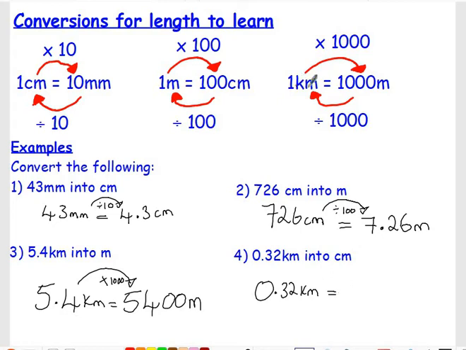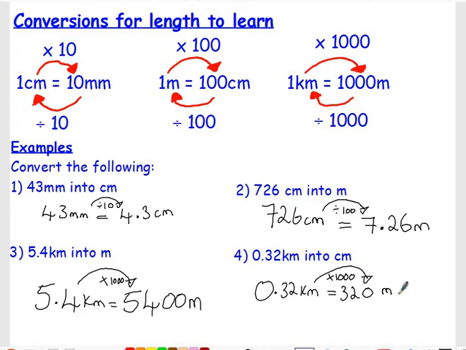So to get from kilometres to metres, we know we times by 1,000. So that's going to be our first step, each digit moving 3 places to the left, so the 3 will end up in our units, then our tens, then our hundreds, and the 2 will follow. So we end up with 320 metres.